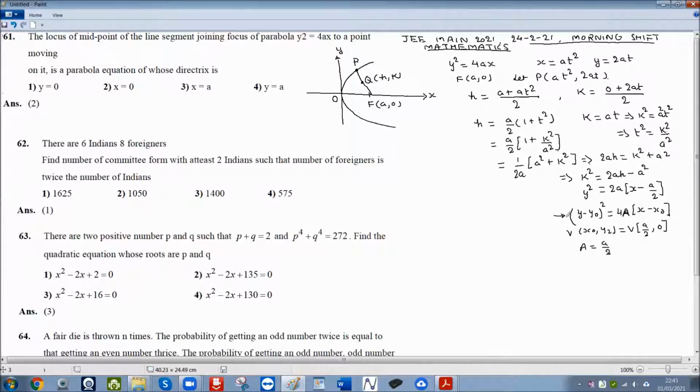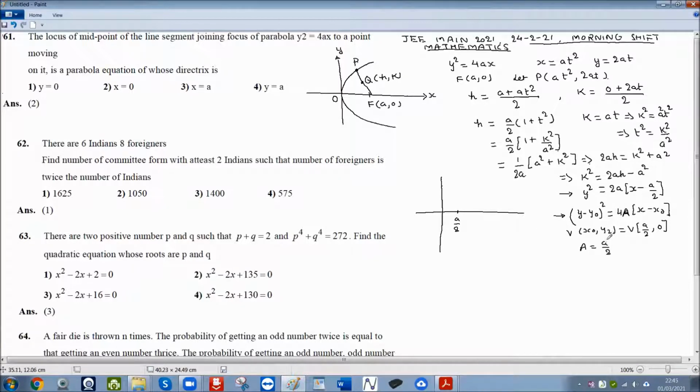So for clarity, let us draw the graph of the parabola corresponding to this equation. The vertex has been shifted to a by 2.